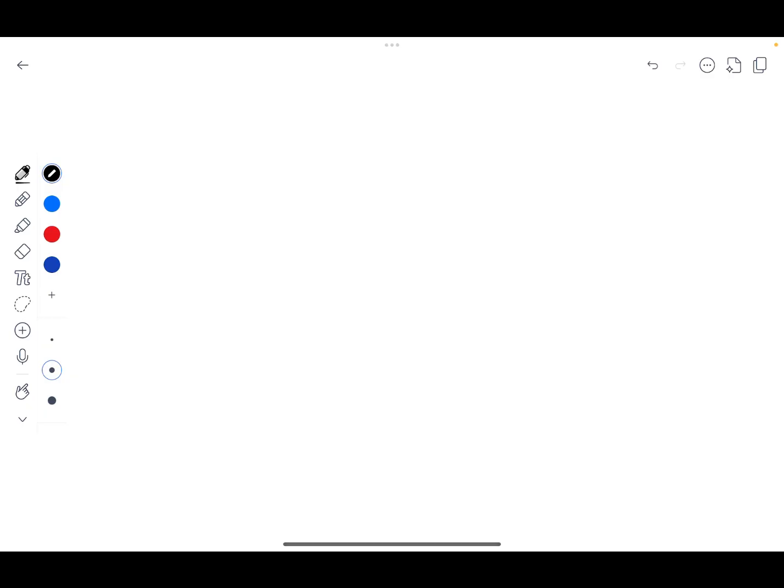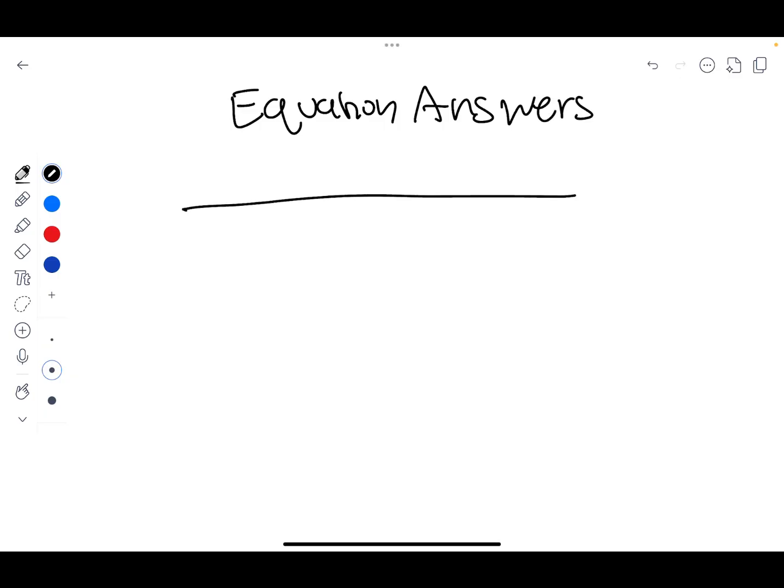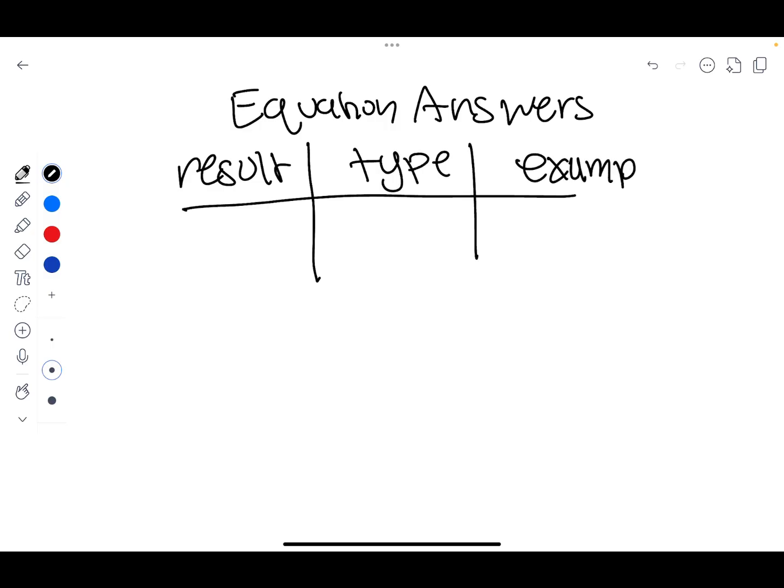And finally, based on what we've learned, after solving an equation you would end up with one of these three results. Let's make a table right over here: result, type, example.